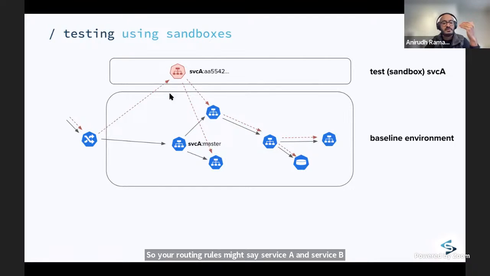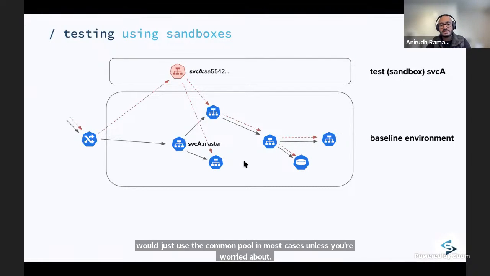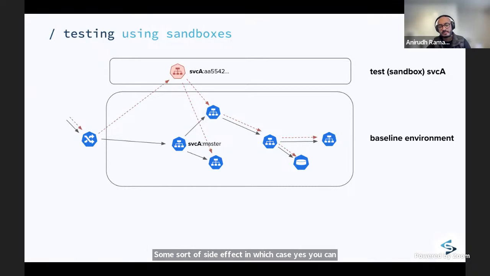Istio knows that when requests come in with a particular routing context, it has to send them through service A and service B, which are both in the same sandbox. So they could be running any version. One of them could be master. But really, if it's the stable version, you would just use the common pool in most cases, unless you're worried about some sort of side effect, in which case, yes, you can isolate that as well.